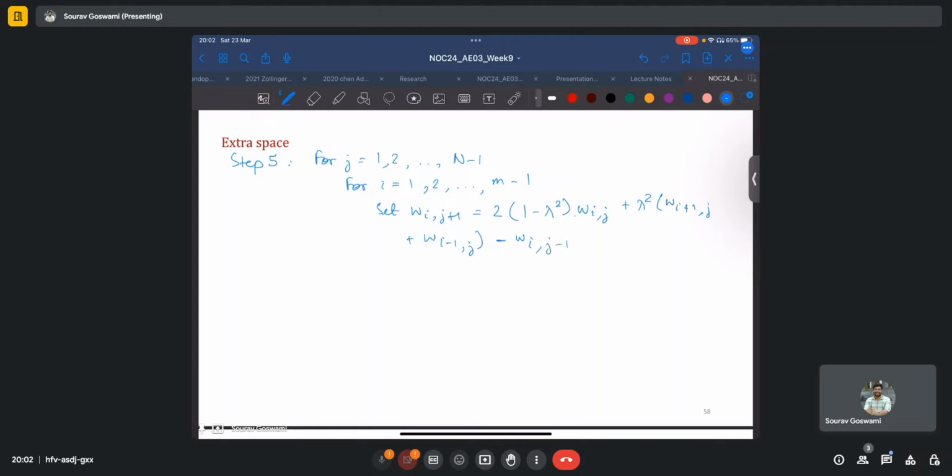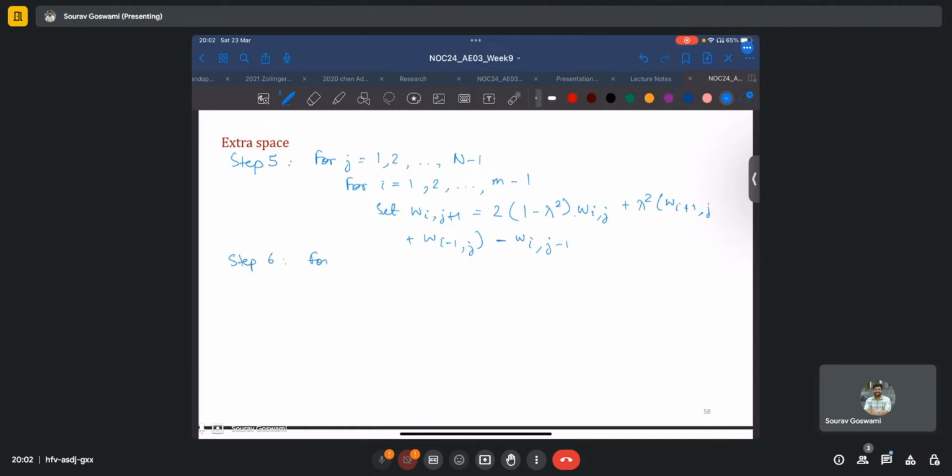So we find the value of the variable at our node of interest by utilizing information available to us from the neighboring nodes at the previous time steps.